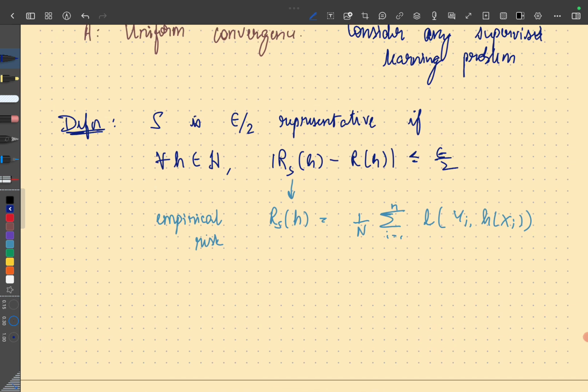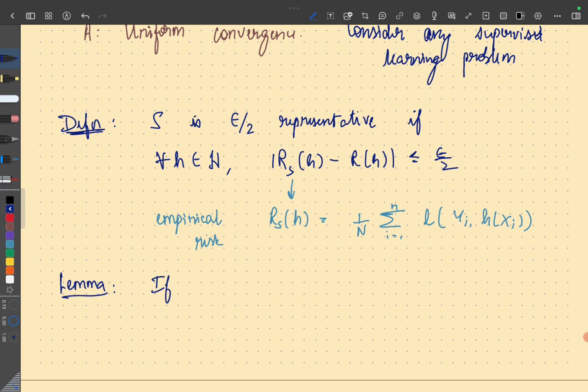Now, it may or may not be possible to get an epsilon by 2 representative sample, but if we are actually able to get an epsilon by 2 representative data set, then things are good. So that R of H should be R of H star, right?